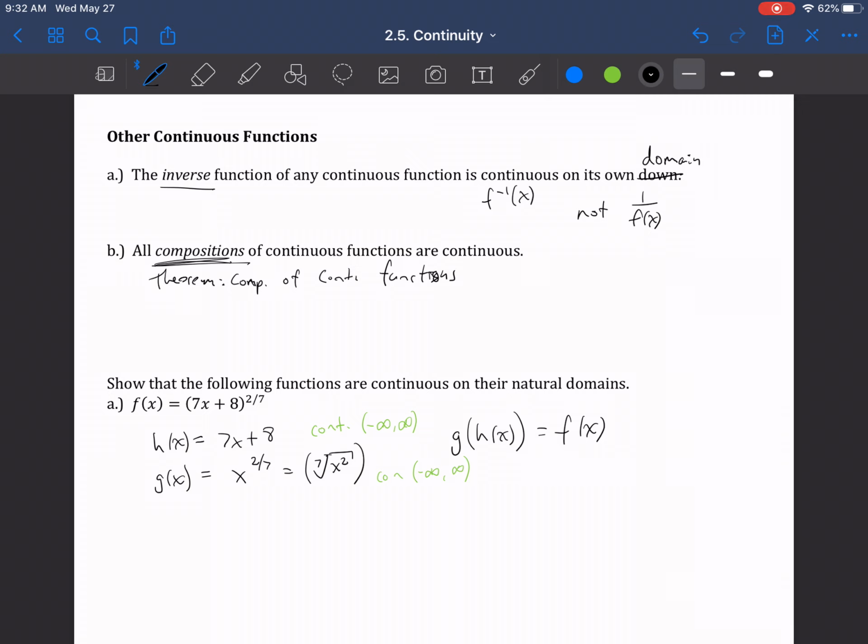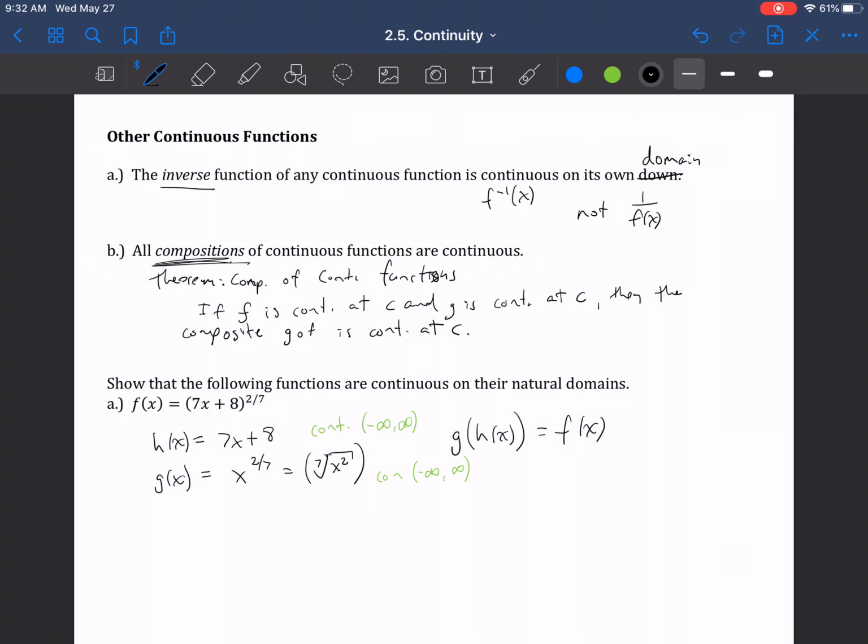Basically what we're saying is if function f is continuous at c, and the function g is continuous at c, then the composite g of f, or f of g, is continuous at c.